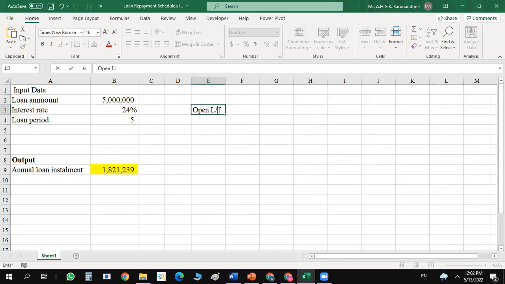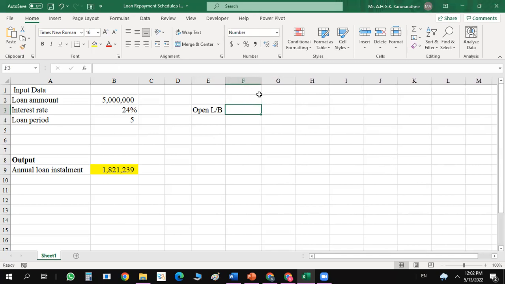I put it short: open loan balance, that is the open outstanding balance. Whatever wording you can apply, I'm not that concerned about the wording. You may apply whatever term is comfortable and fits your organizational application. So I put just open loan balance, the loan outstanding at the beginning of the period.